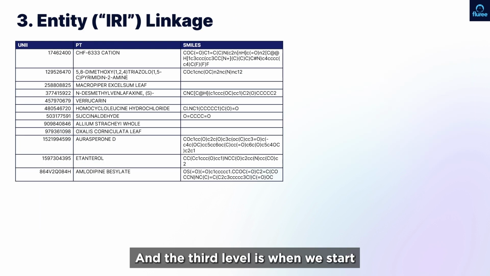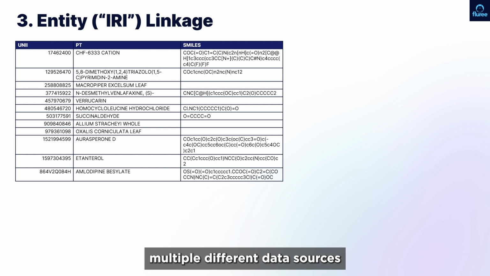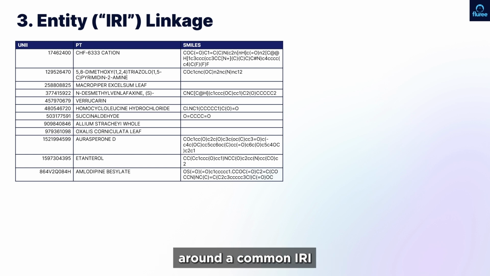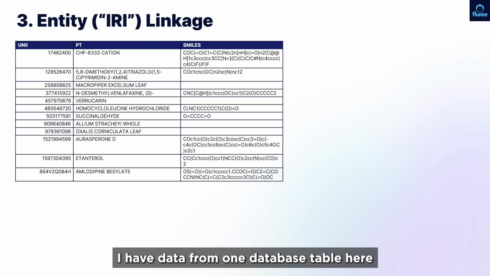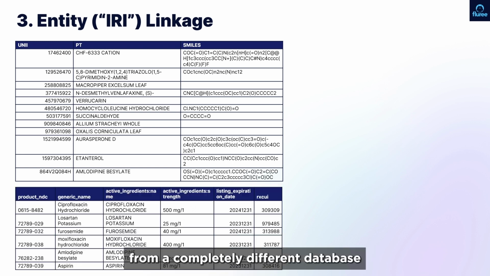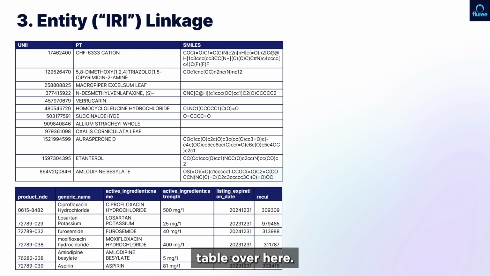The third level is when we start to connect information from across multiple different data sources and link them together around a common IRI, or a common ID. In this example, I have data from one database table here, and data from a completely different database table over here.